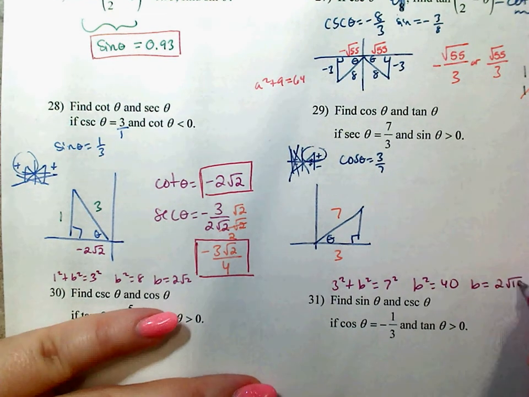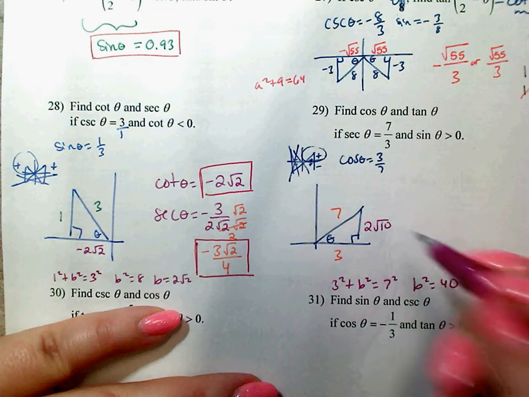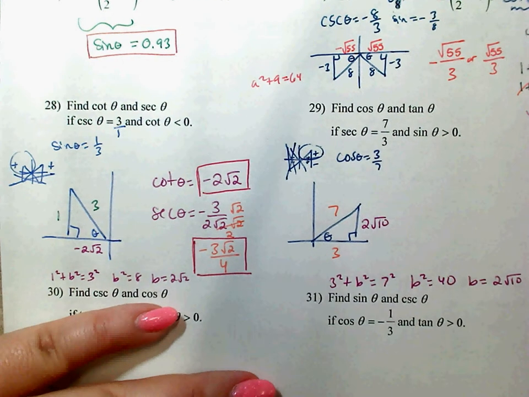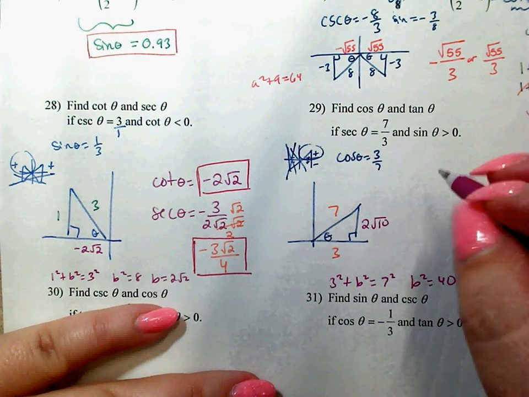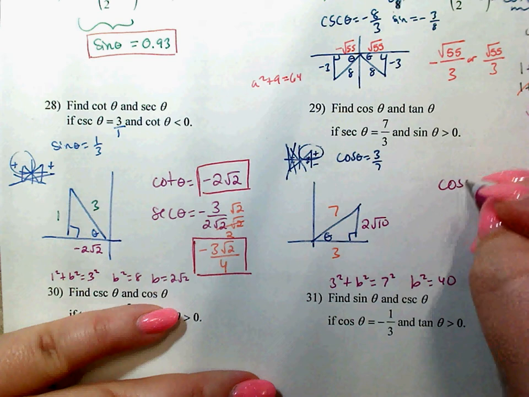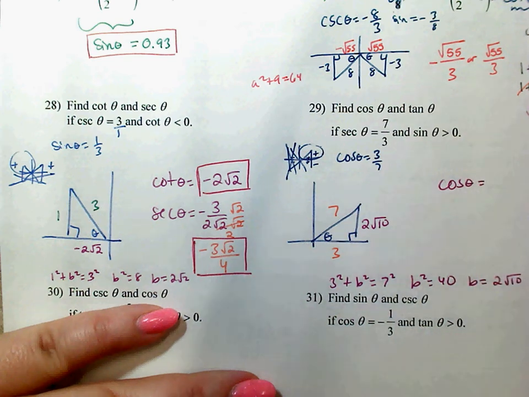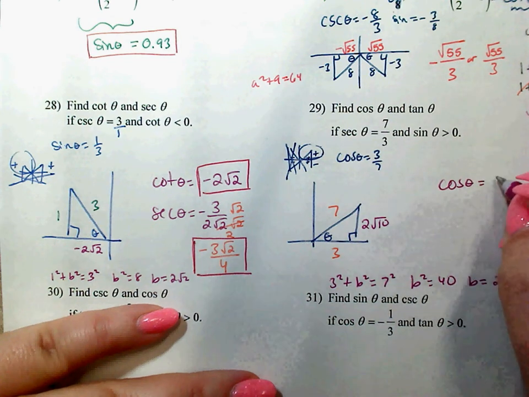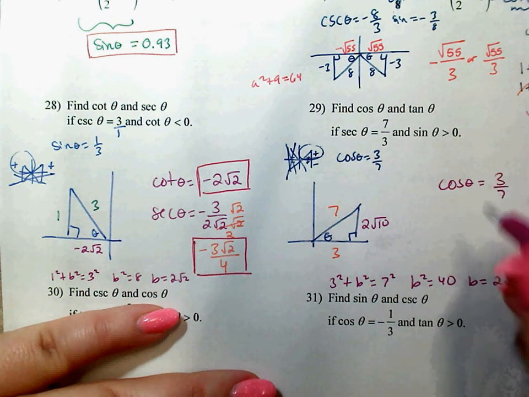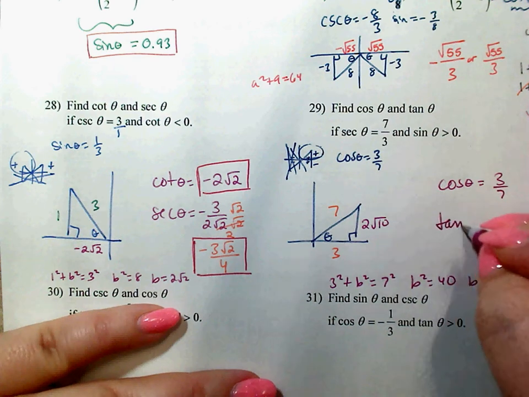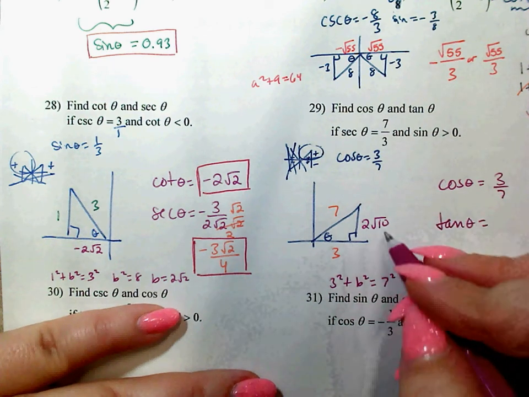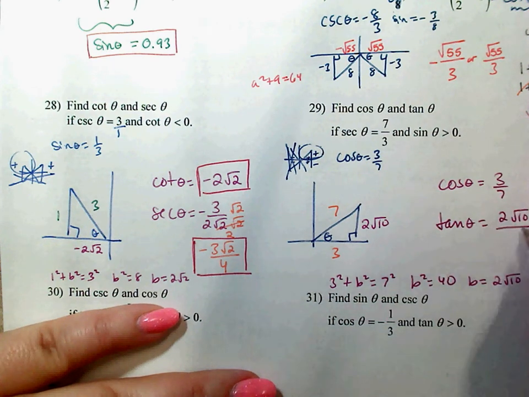So this right here is 2 root 10. The goal was for us to find cosine and tangent, right? So cosine of theta equals adjacent over hypotenuse, so 3 over 7. No, we already know that one. And then tangent of theta is opposite over adjacent, so 2 square roots of 10 over 3. And there we go.